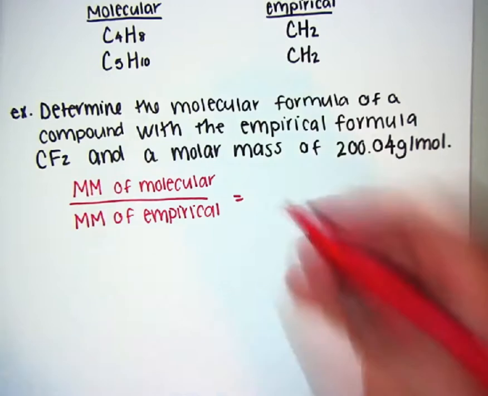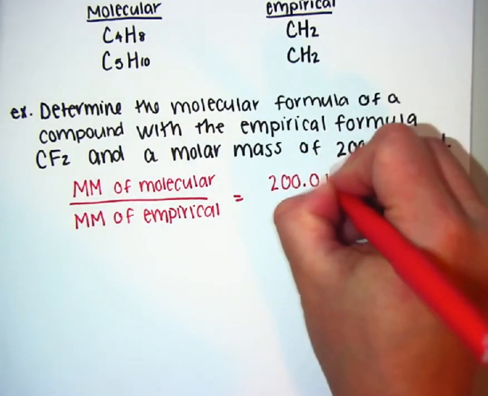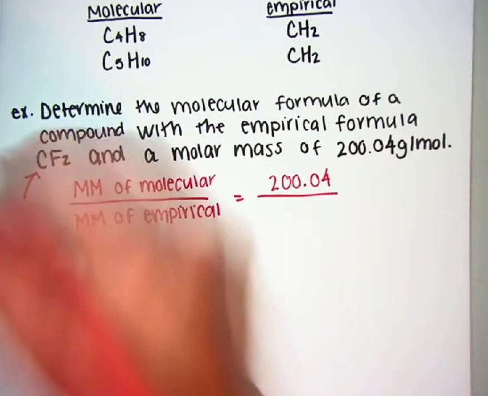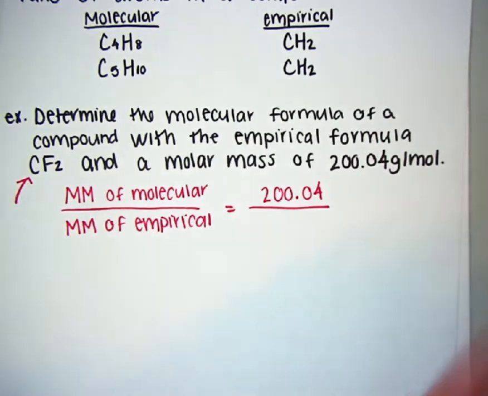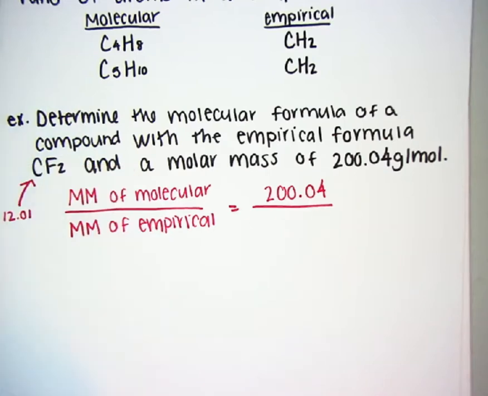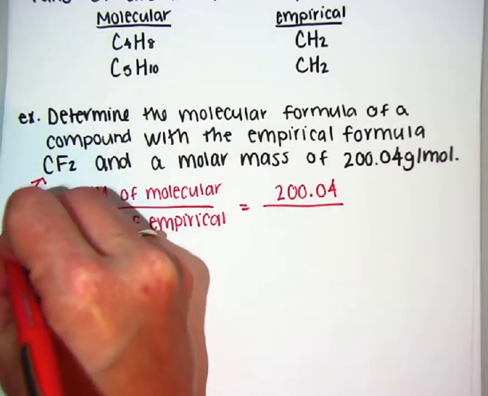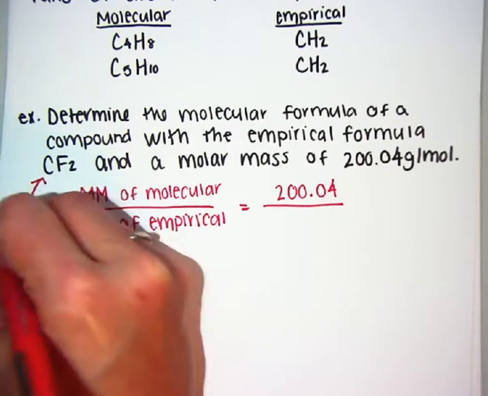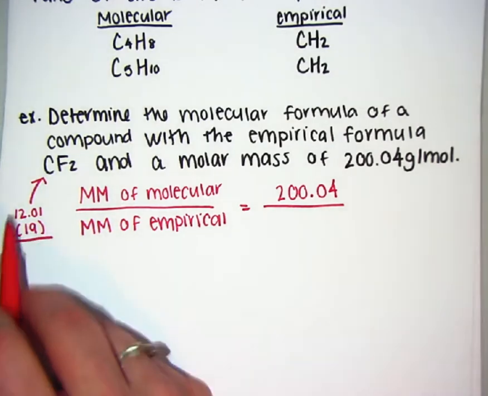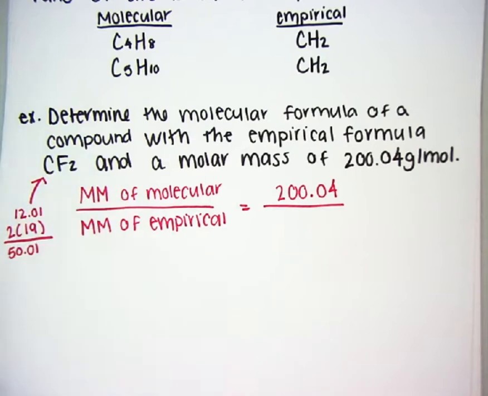So the molar mass of the molecular formula was given, 200.04, and I know the empirical formula. So carbon has a mass of 12.01. Fluorine has a mass of 19. 19 times 2 is 38, plus 12 is 50.01 grams per mole.